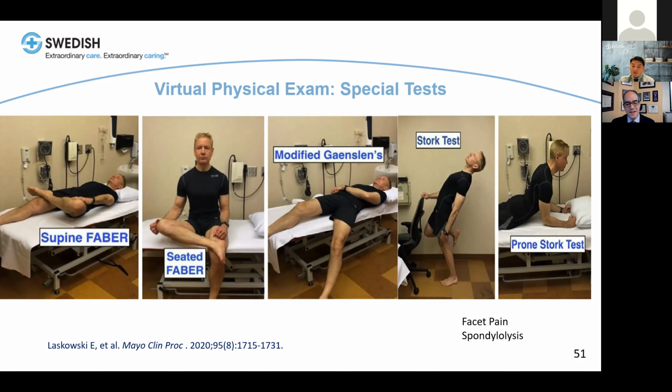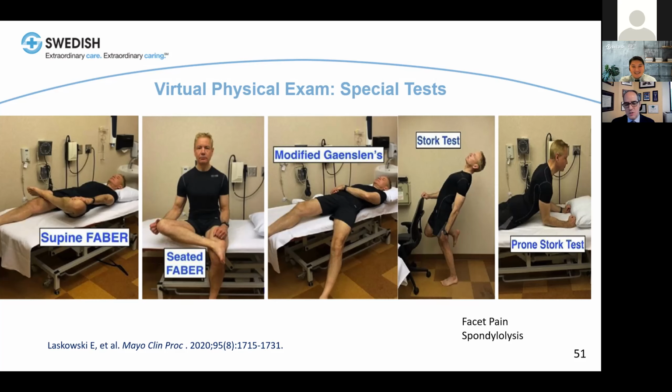If they could do a true seated FABER or a true slump test, that's great. But just observing their general activity level and their ability to participate is a good clinical clue. Yeah. And obviously, I don't think all of us have exam rooms like this person did, right? But yeah, I think it's good.